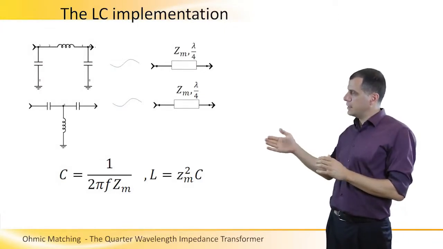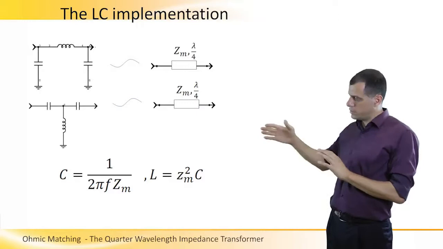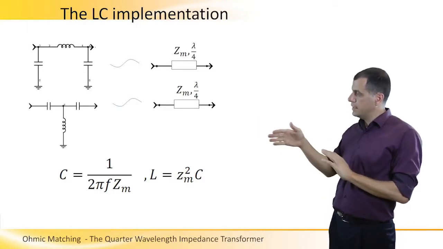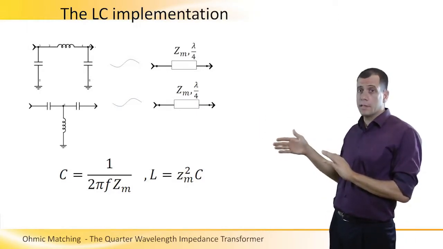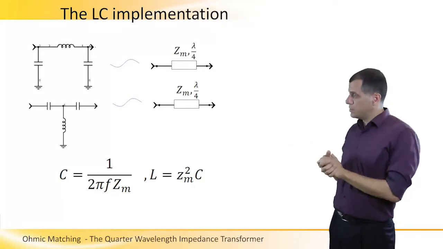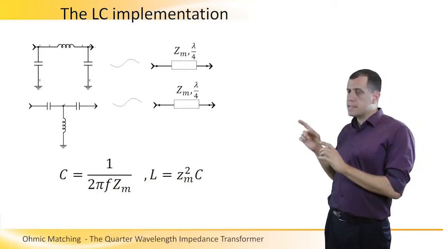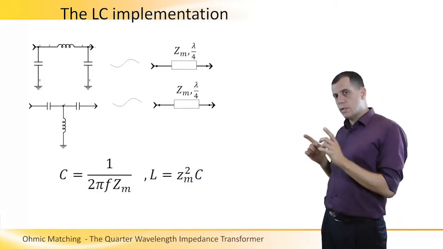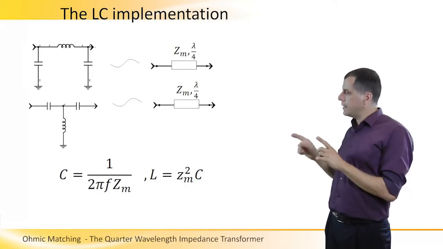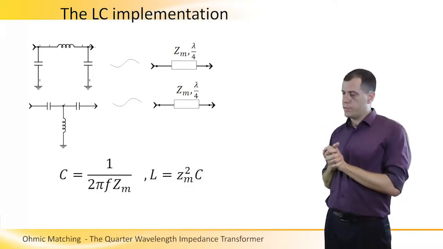Here we see in the upper scheme the third order low pass unit, and in the lower one a third order high pass unit. And we can design it in a way that it will act exactly like the quarter wavelength that we had before.